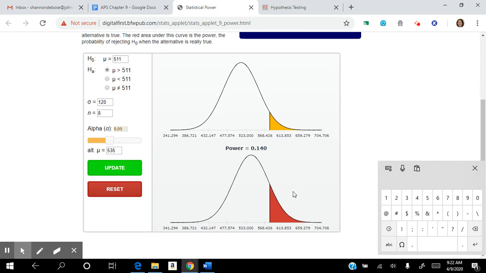So this gives you, the top picture, the shaded region right here, is the probability of getting a test result of a number greater than 511, if we assume that the null hypothesis is true. But what you see in this bottom picture is the power of the test, 0.14.